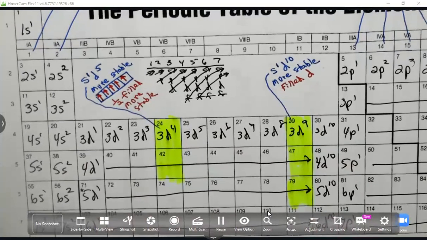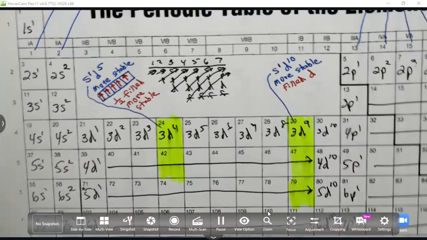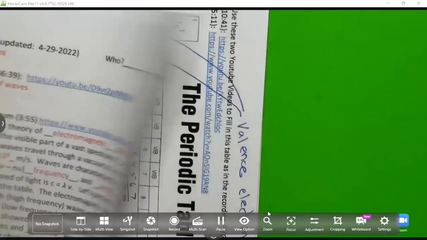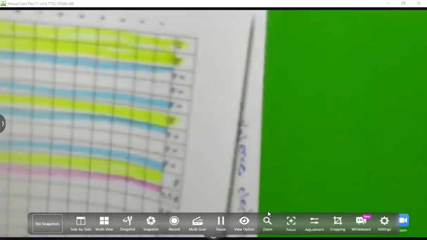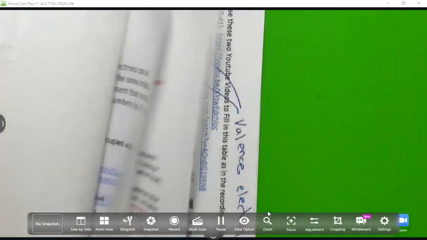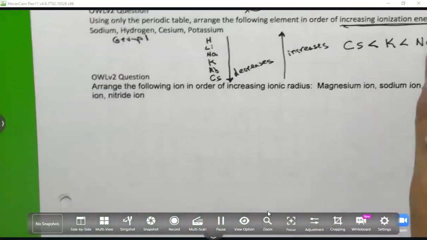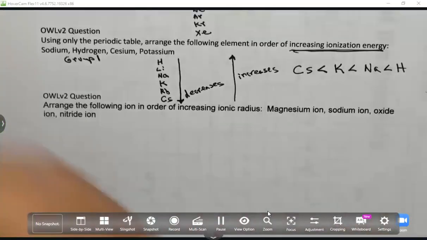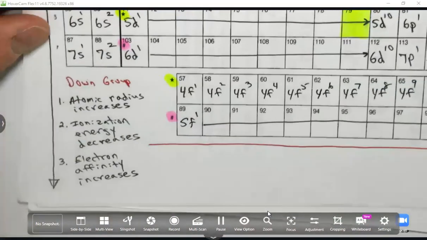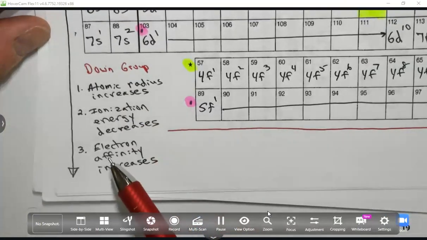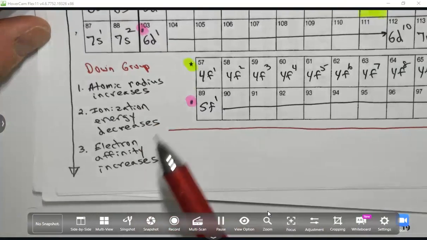Okay. Let's now go where we left off, at the bottom of page 19, right? Where we really left off is we put in these periodic trends.